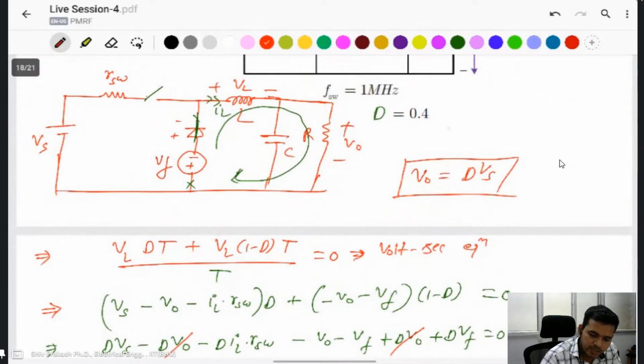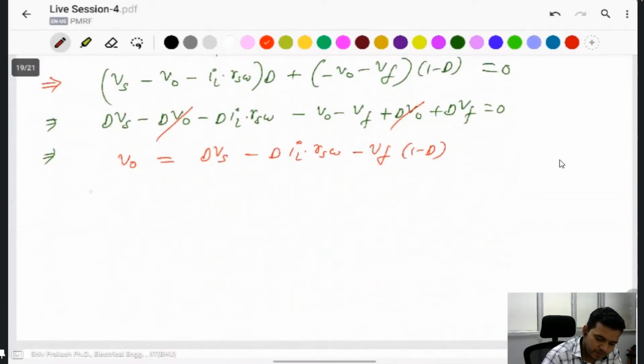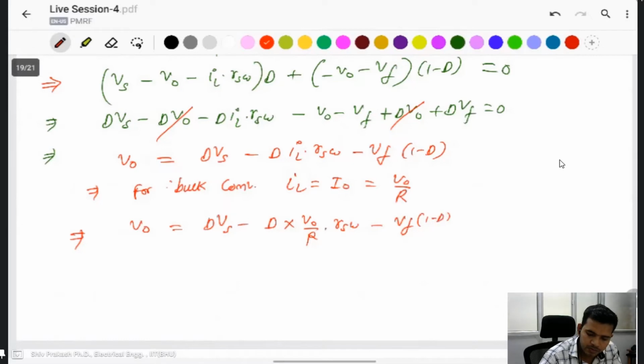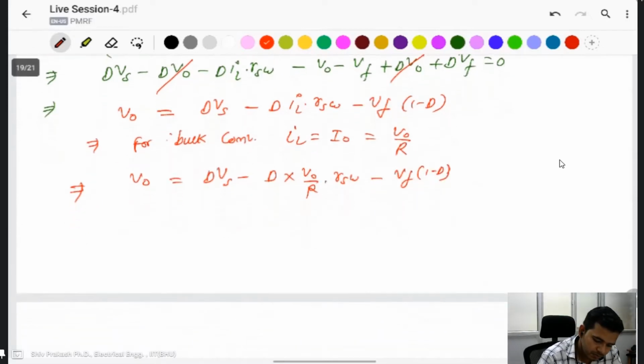If you take the average inductor current for the buck converter, IL is I naught, given as V naught by R. Replace the IL here: V naught is equal to dVs minus d V naught by R into RSW.